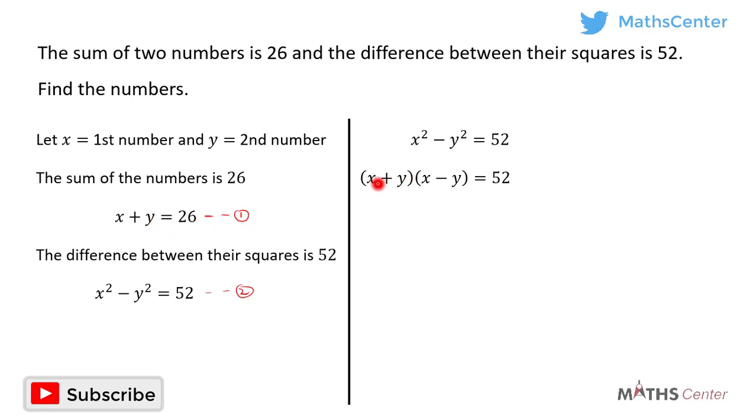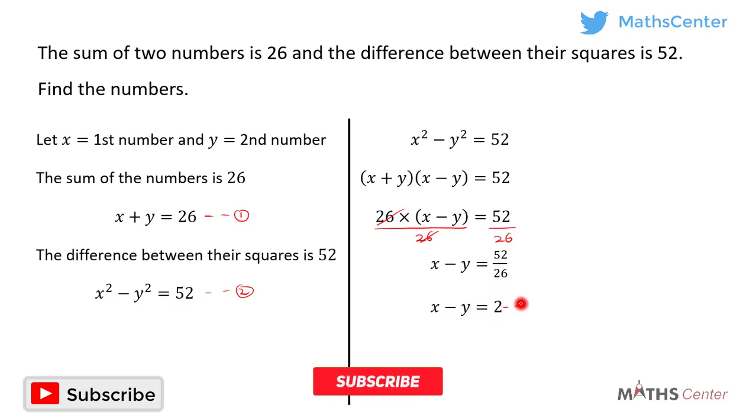So we can replace x plus y here with 26, and that will give us 26 times x minus y is equal to 52. I'll divide this side by 26 and divide this side also by 26. So you see that 26 and 26 will cancel out, and so x minus y will be equal to 52 divided by 26. 52 divided by 26 will give us 2, and so x minus y is equal to 2.